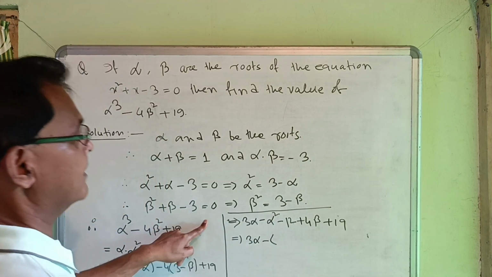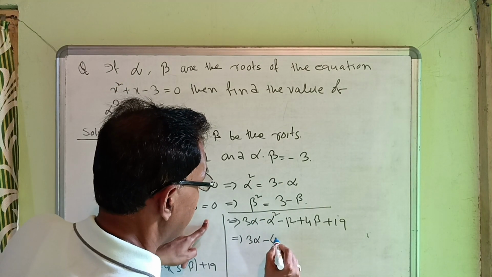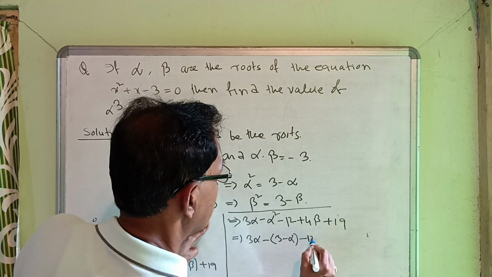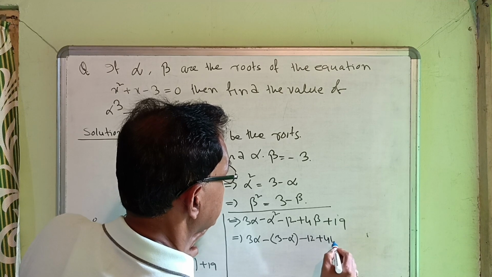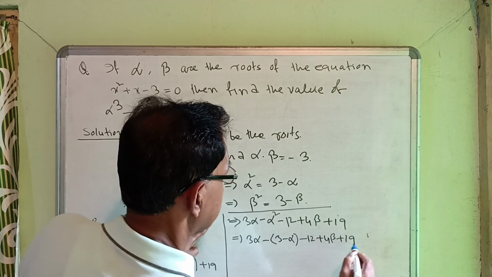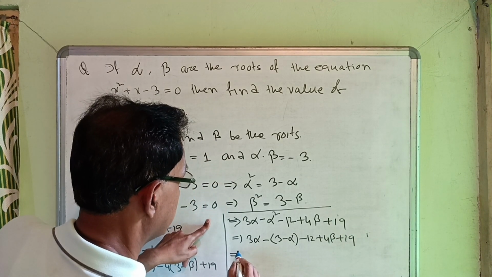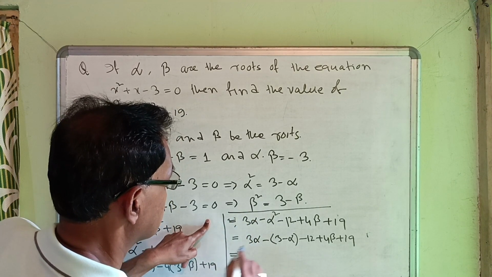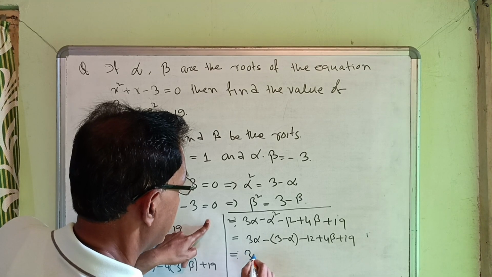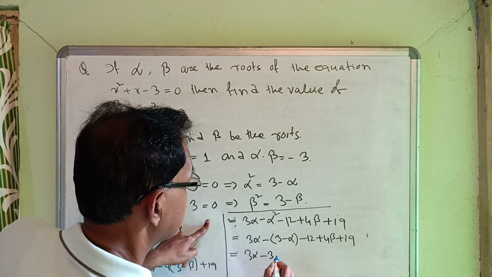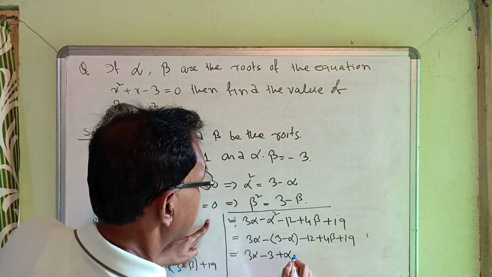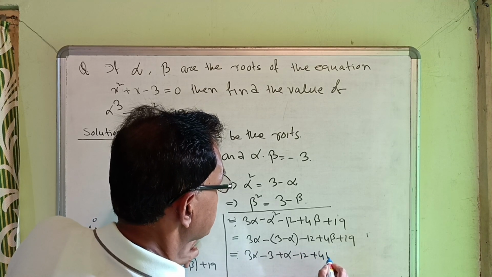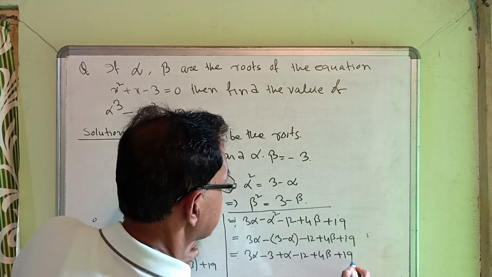Again we have to put alpha square is equal to 3 minus alpha, so we get 3 alpha minus (3 minus alpha) minus 12 plus 4 beta plus 19. This is equal to thrice alpha minus 3 plus alpha minus 12 plus 4 beta plus 19.